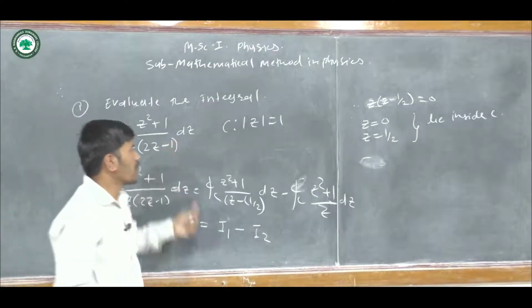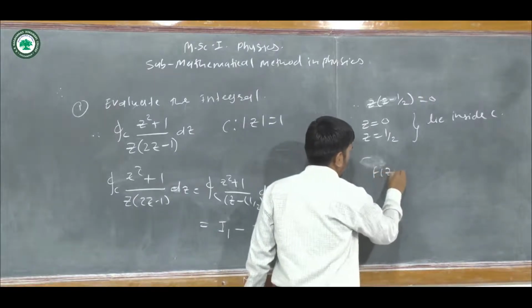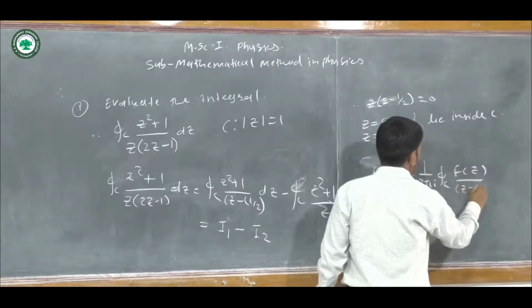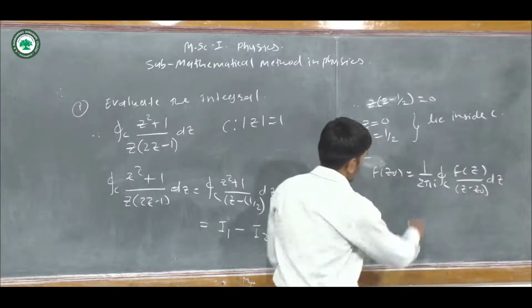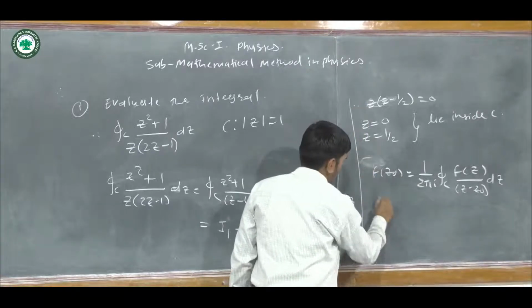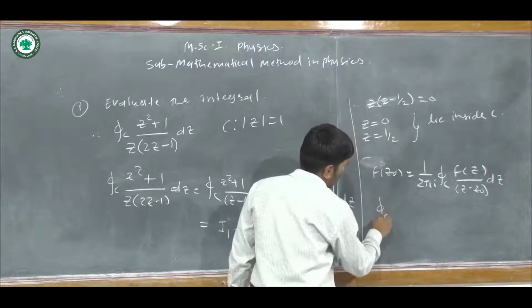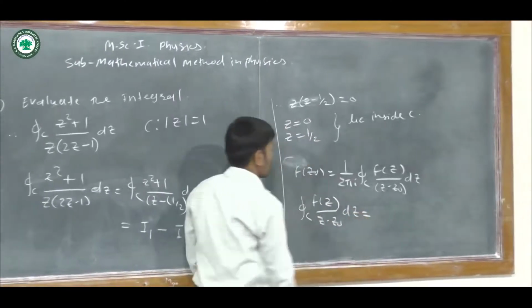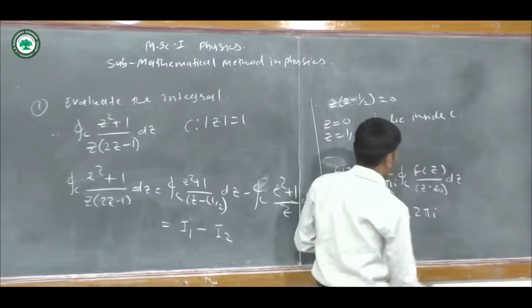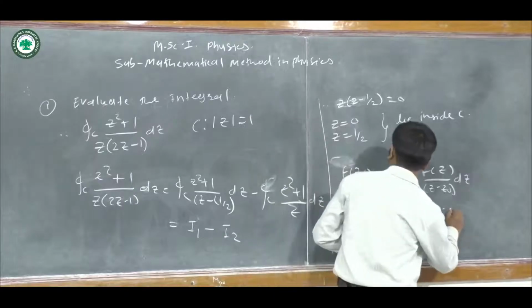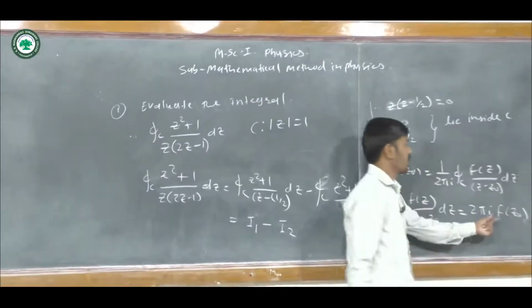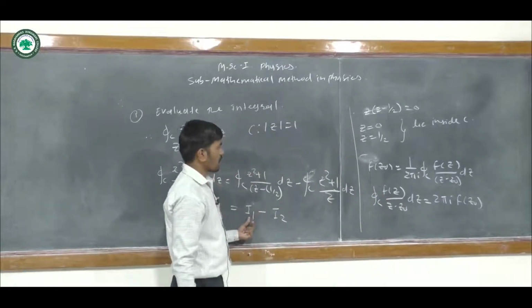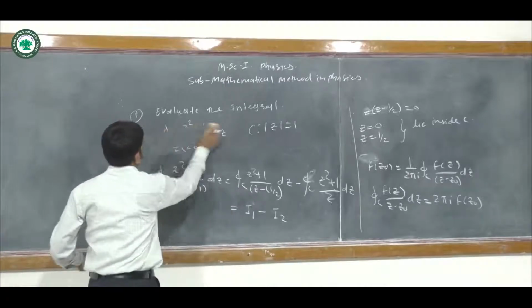So I am applying the Cauchy integral formula: f of z naught is equal to 1 by 2 pi i closed C f of z divided by z minus z naught dz. So we can write this formula as the closed integral C of f of z divided by z minus z naught dz is equal to 2 pi i f of z naught. These expressions are for I1.